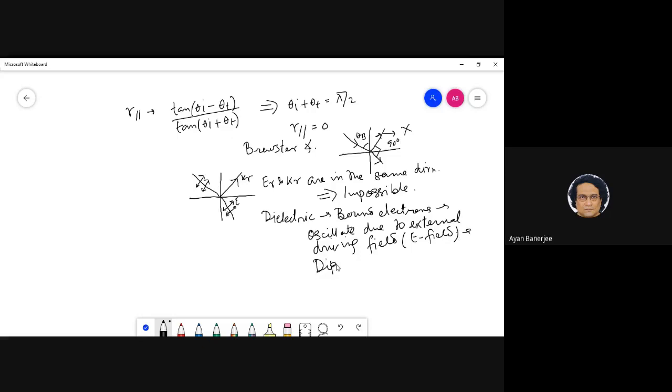This gives dipole radiation, which is perpendicular to the electron oscillation.